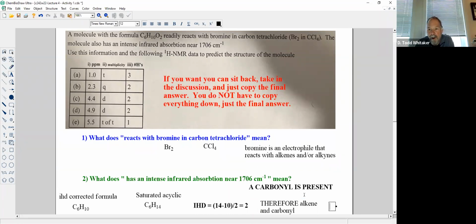And if you look at your table with the ppms on it, the bottom left of the first table says between 2.2 and 2.6 would be where you find alpha hydrogens to a carbonyl.